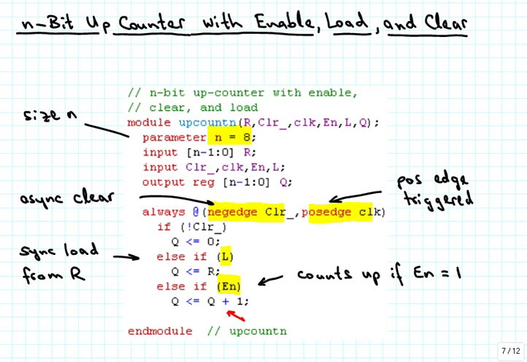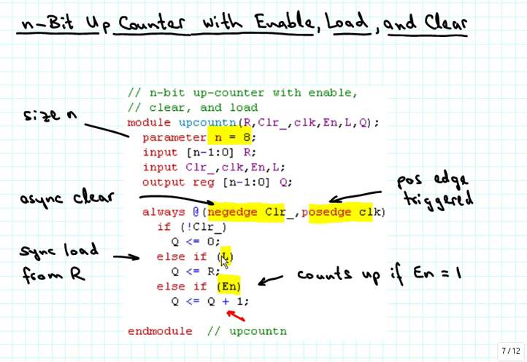Note that the load here is synchronous because we don't have L in the sensitivity list. So the always block is being entered when clear goes low, but then that is immediately caught by that first if statement, so it cannot go into the L statement.